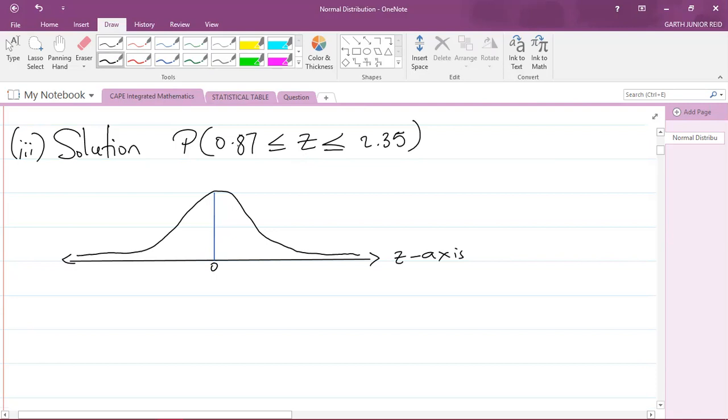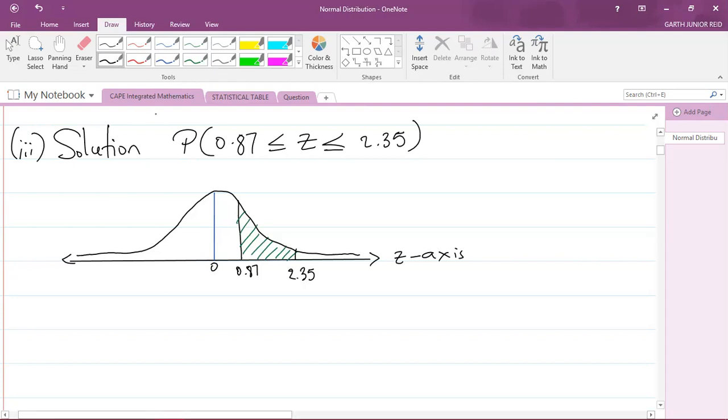Now, the 0.87 is to the right of 0. So that's going to be somewhere here, right? 0.87 is going to be somewhere there, and 2.35 is going to also be to the right of 0 and to the right of 0.87. So somewhere here is going to be 2.35. Good. And I want the area under the curve between those two z values. So this is the area that I want, that shading there.